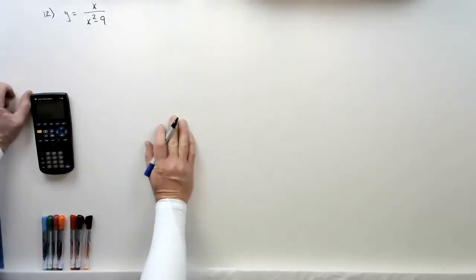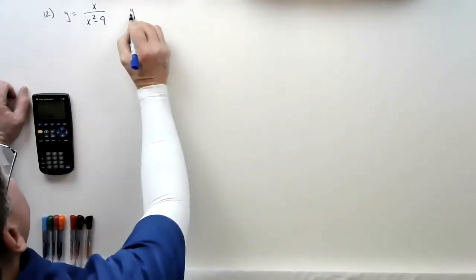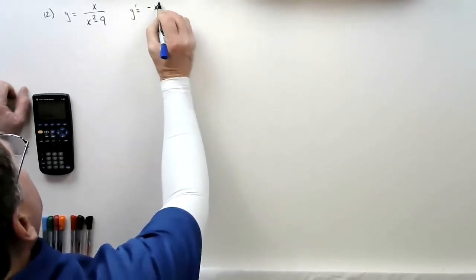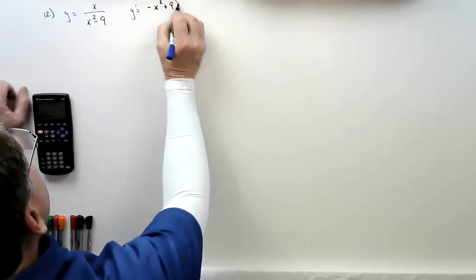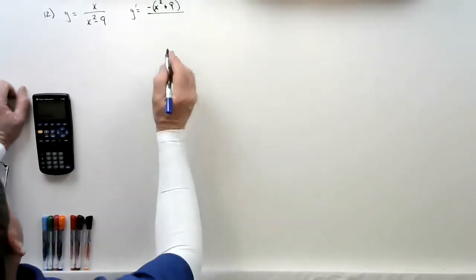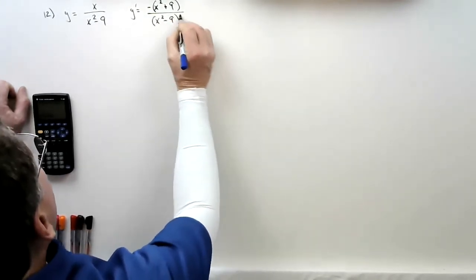So my derivative, y prime, turns out to be minus x squared plus 9 divided by x squared minus 9 squared.